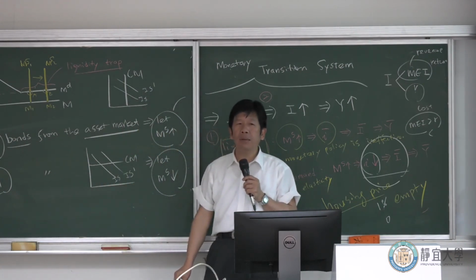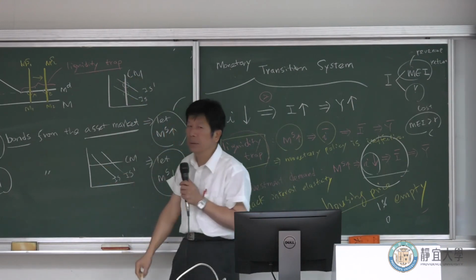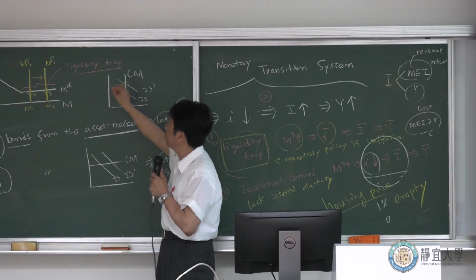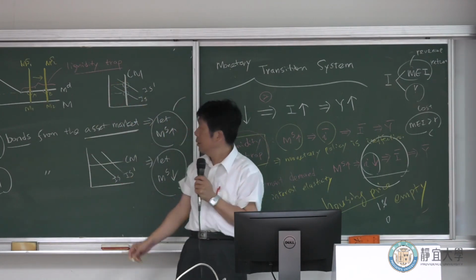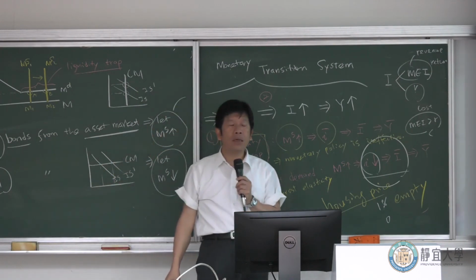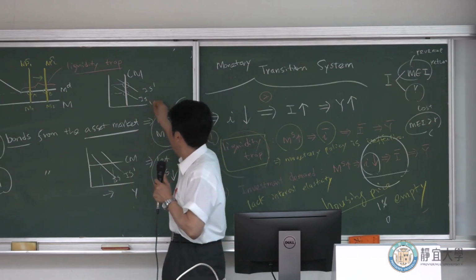So you can see, if this situation is represented, the fiscal policy cannot do any change. But in this situation, the fiscal policy can let the income increase.